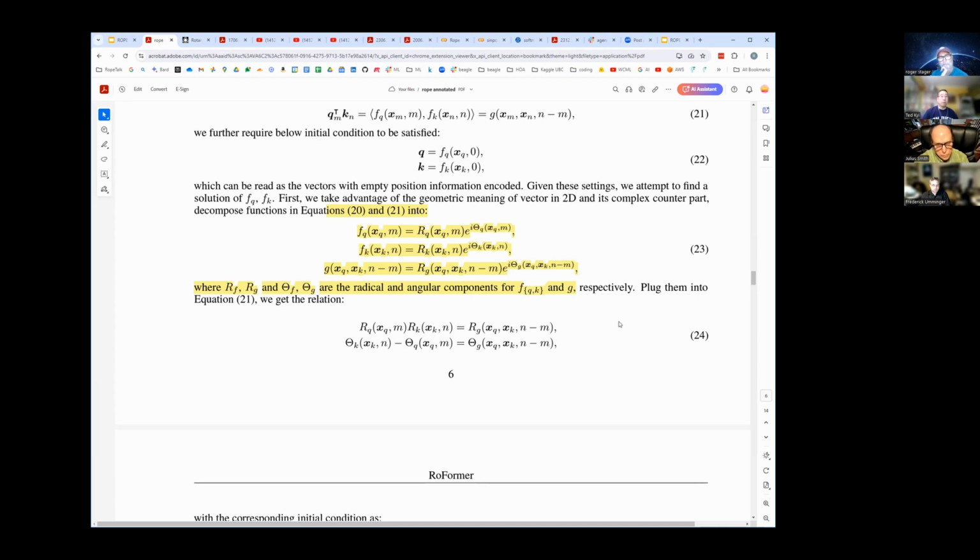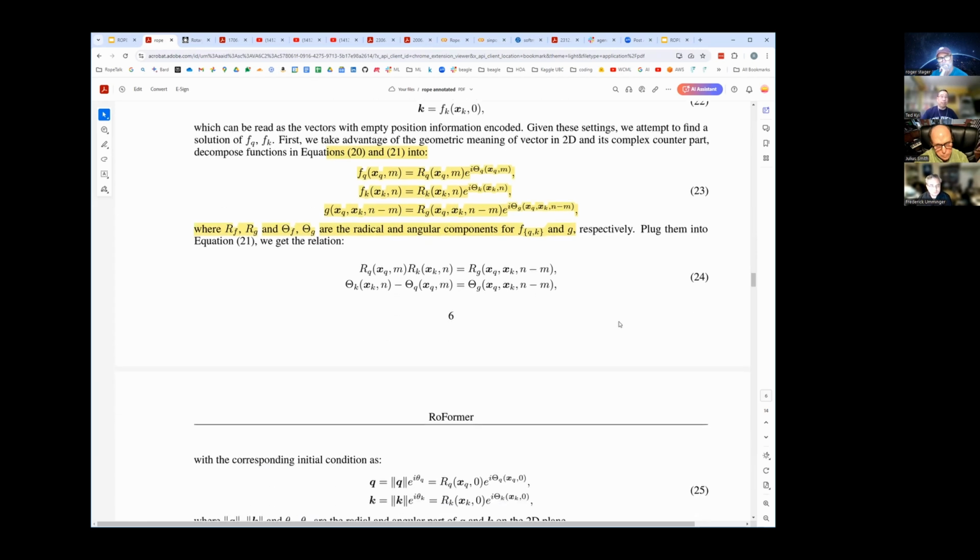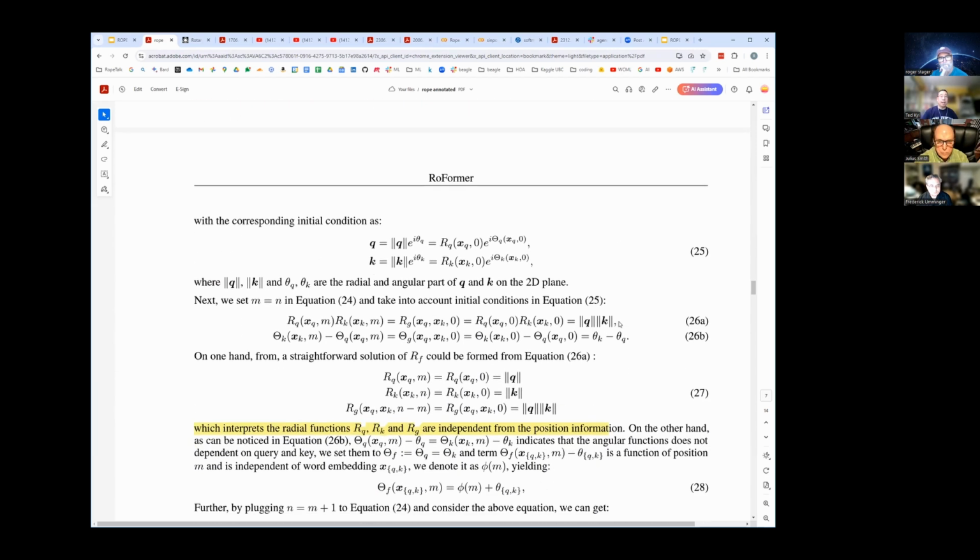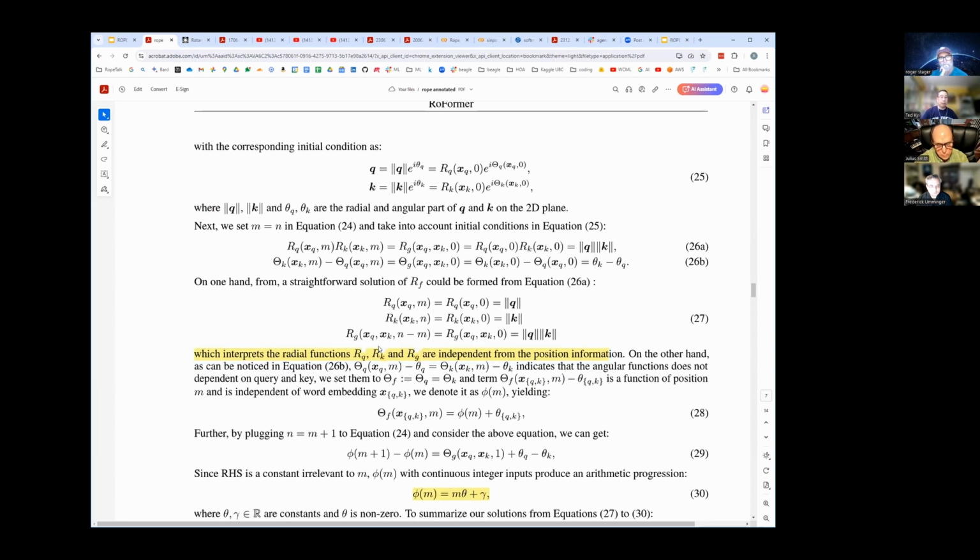But when you do Q transpose times K, since you're multiplying everything, you get this product, and it ends up just being a rotation of n minus m. Right. Down here. And so that's the thing that they're saying.